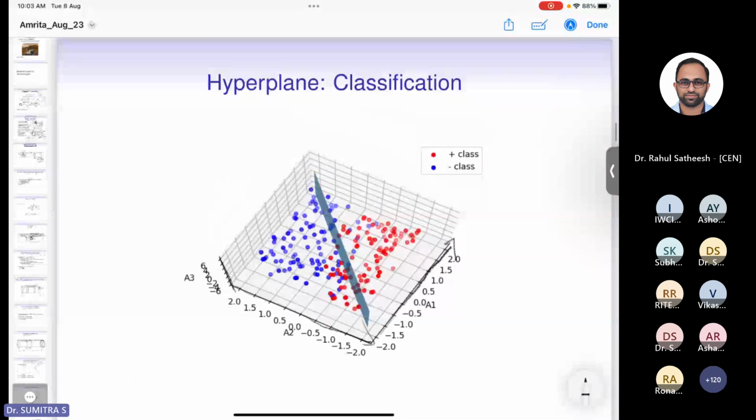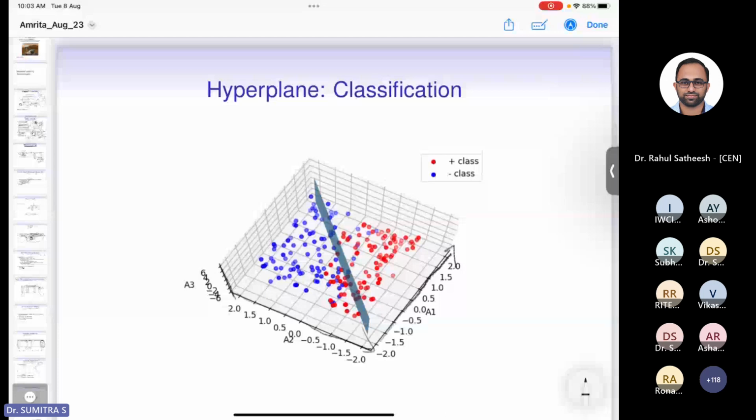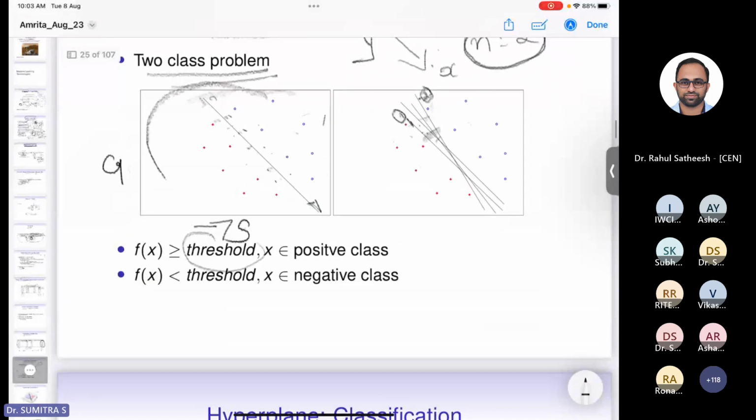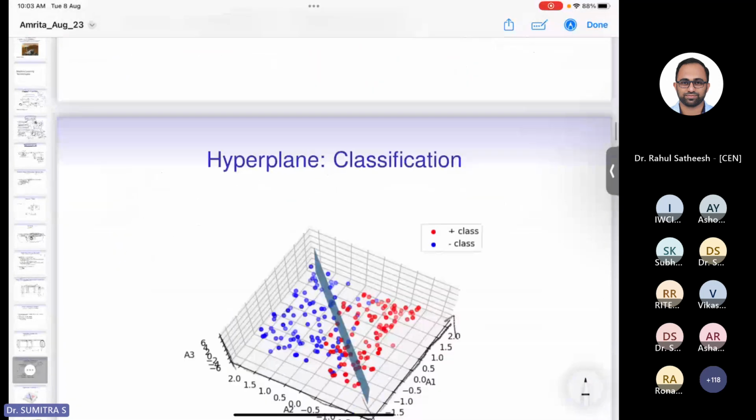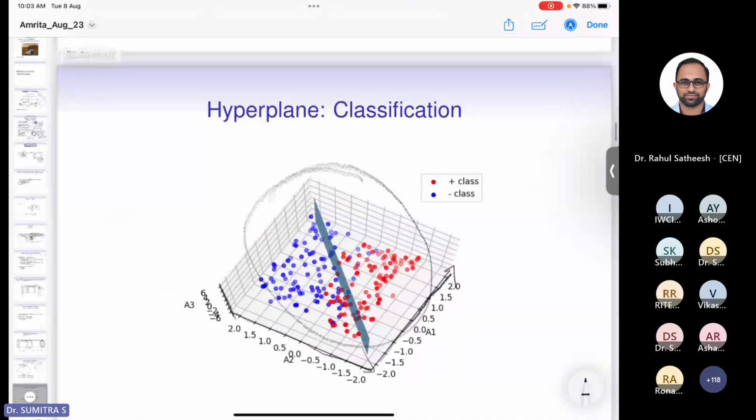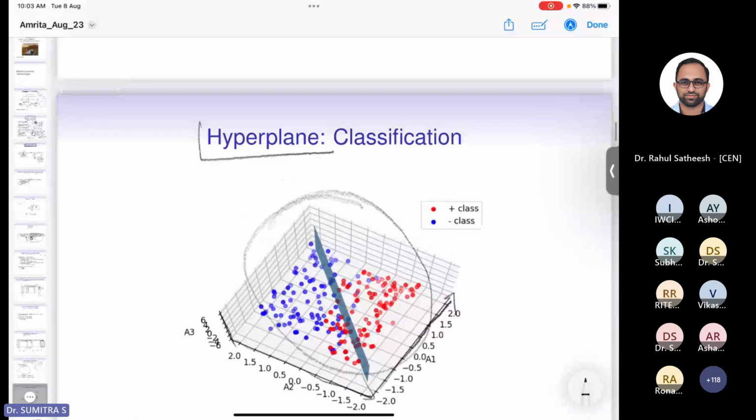Now, if I have 4 attributes, what will you do? That means it will be line, plane, then comes hyperplane. Hyperplane is the general name. We call it a line in this case, a plane in this case, and the general name is hyperplane.